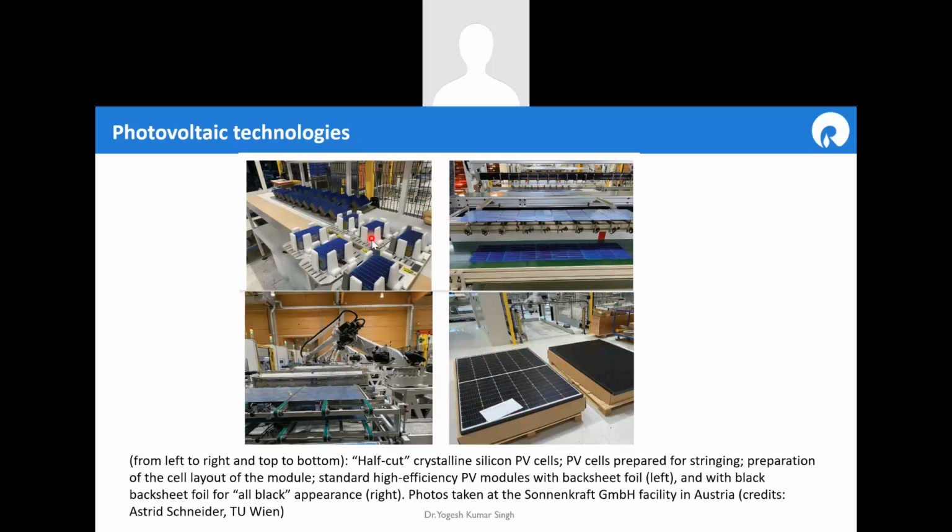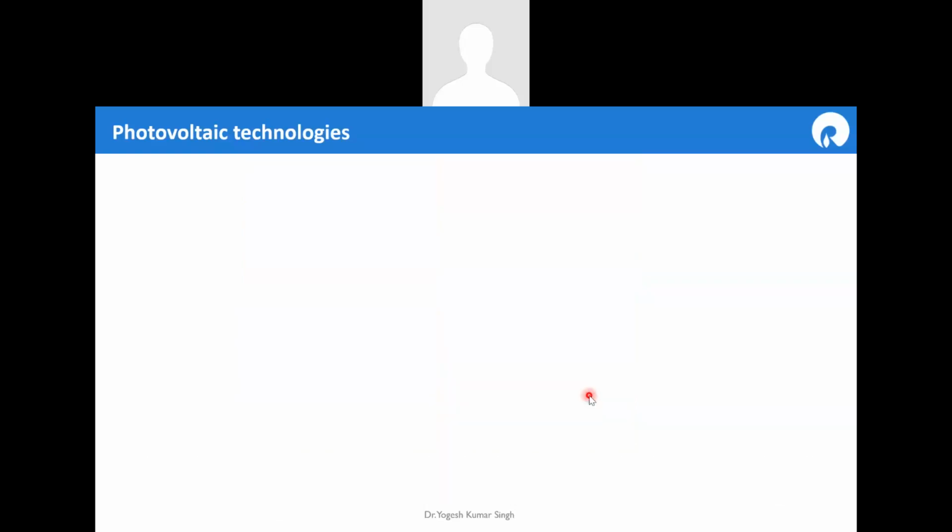So this is how the photovoltaic technology works. So this is the cell to module process, and this is inside a factory. The photo was taken from Austria, from Vienna. The same technology we are also using in Indian solar industries: cell, string, module connection, and finally we make the module for the system.